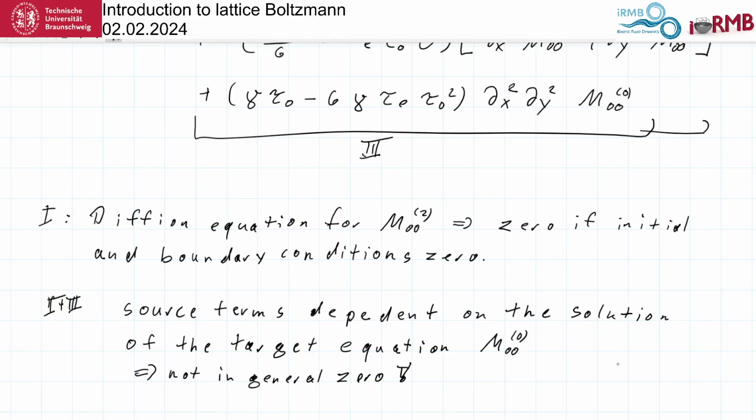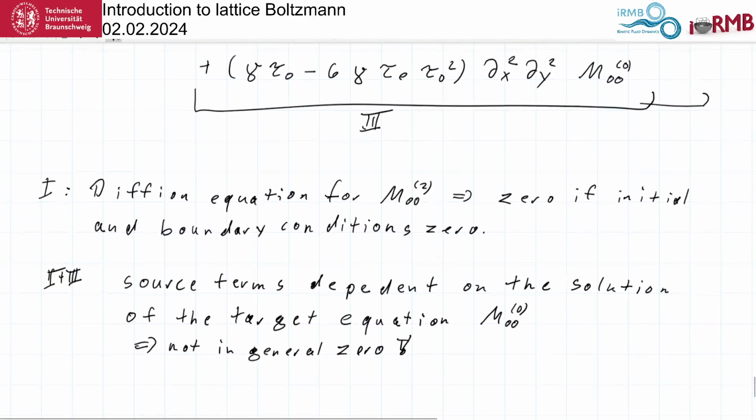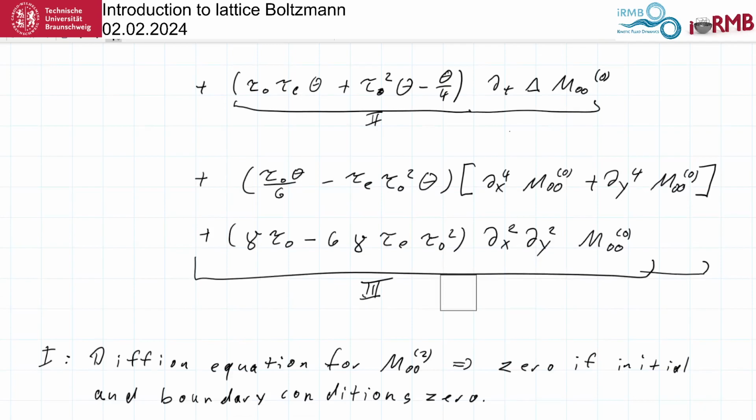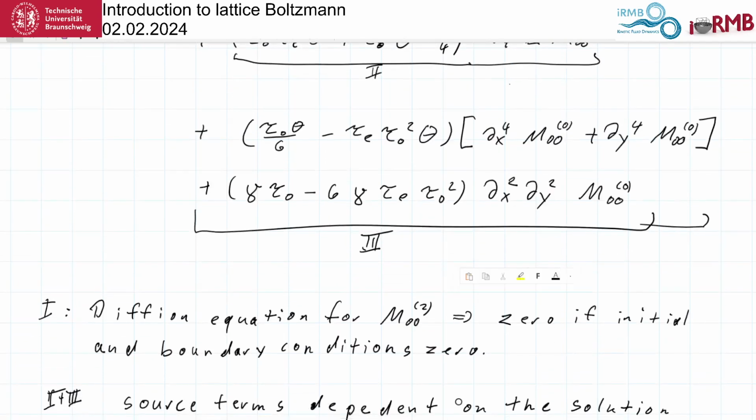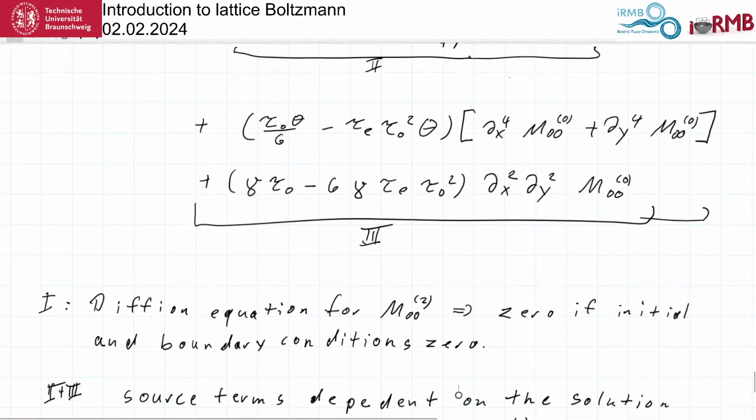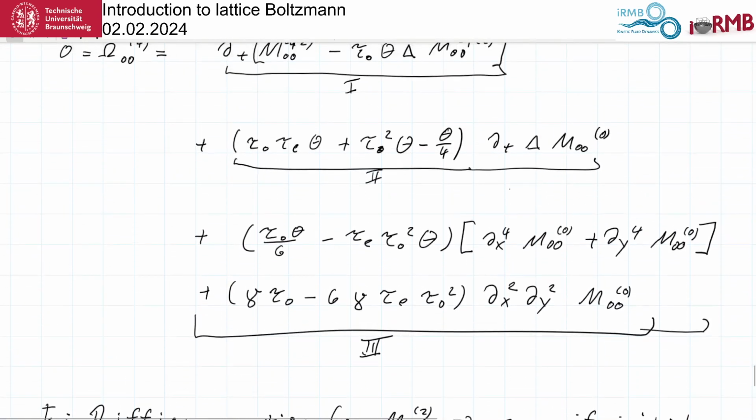So what to do? I've made a mistake here, but I can correct it. So, okay, let's briefly look back. Up here, in this term number 2, we have the time derivative of the moment m0, 0.